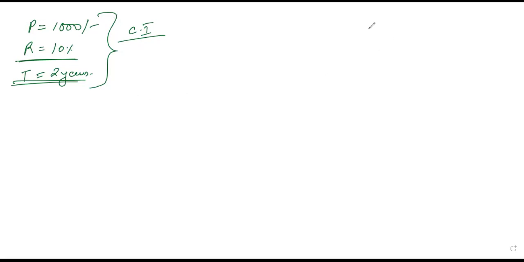So see, the lending companies or the lending institutes who give the money want to earn more and more profit, and to earn more and more profit they impose more and more interest. So we had understood that the value of simple interest is smaller than the compound interest itself.